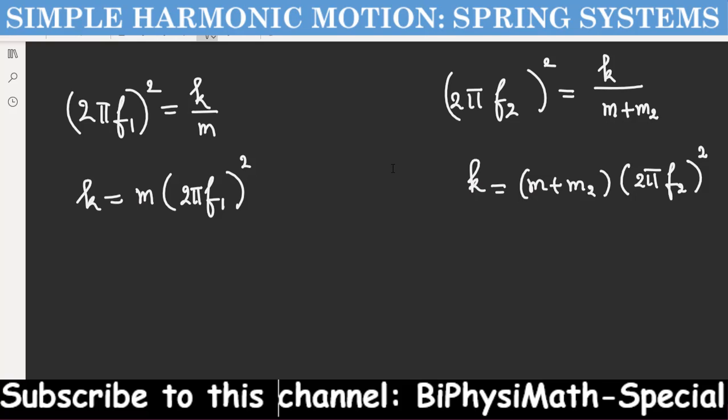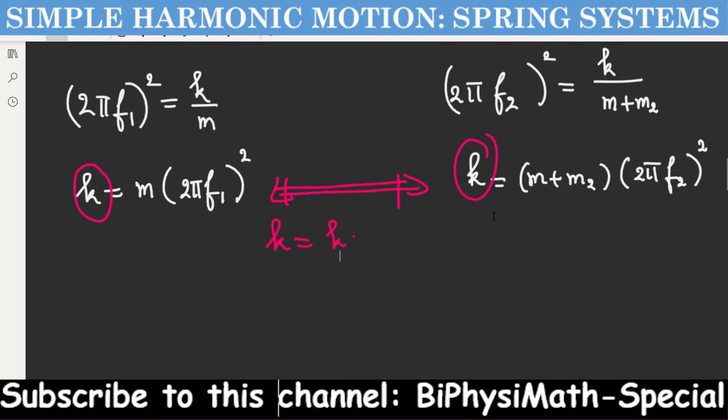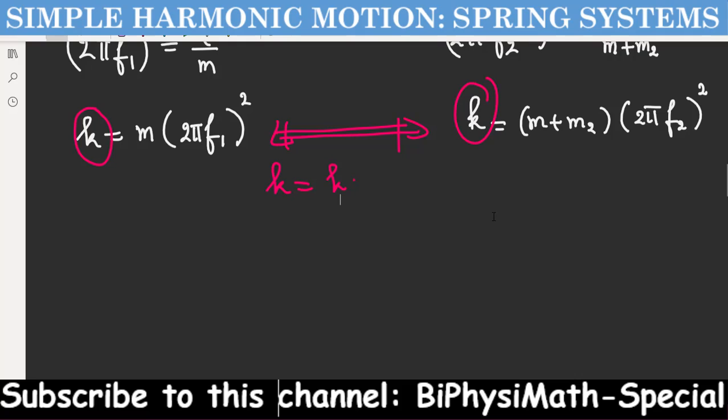You see, this K does not change, meaning that I am going to equate these equations, because K equals K. Now equating these equations, we have to solve for this M.